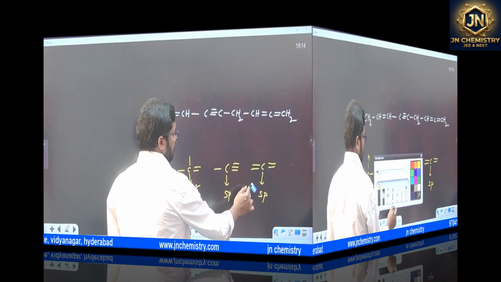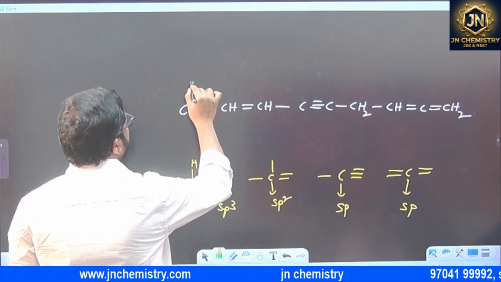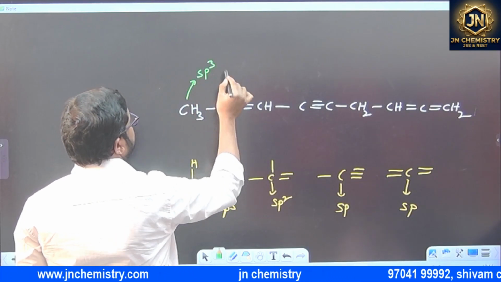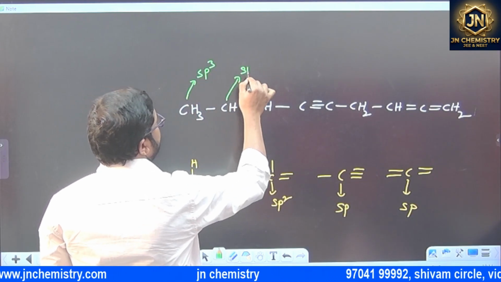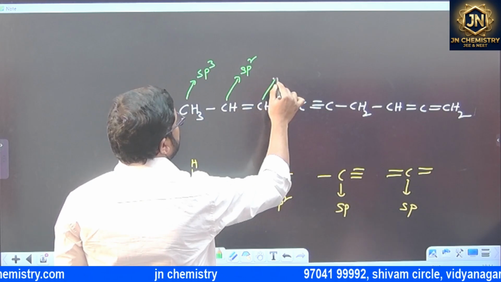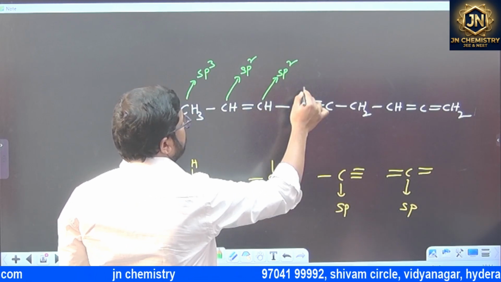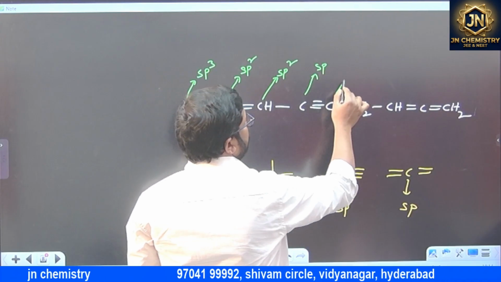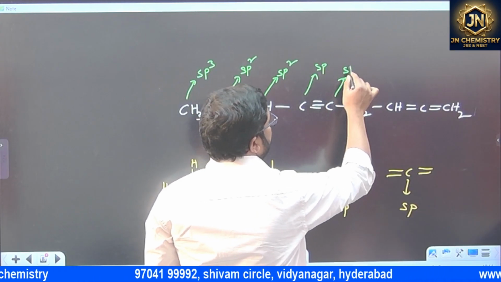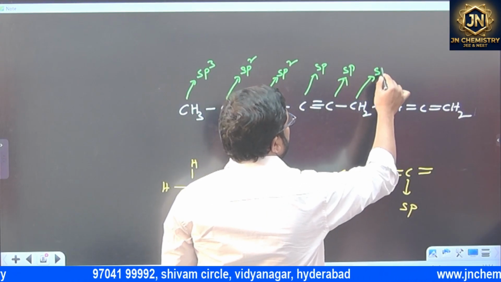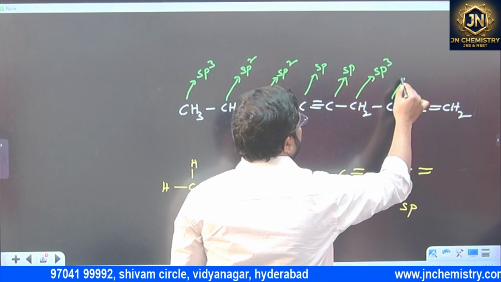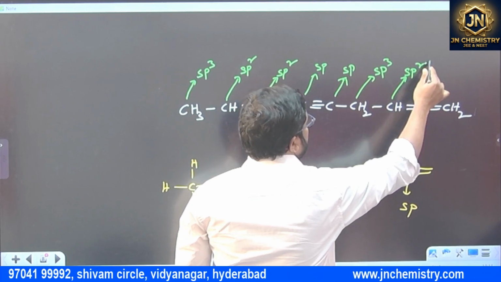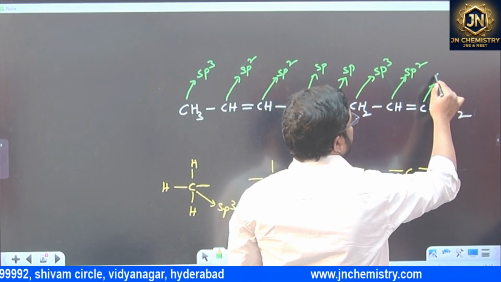Okay, write it down. First one, sp3. Second, sp2. This is sp2. This is sp. This is sp. This is sp3. This is sp2. This is sp.